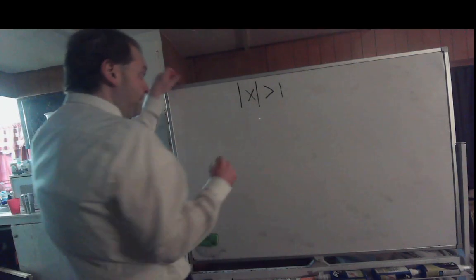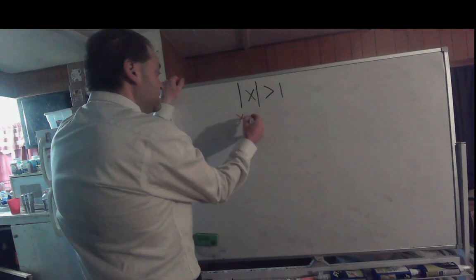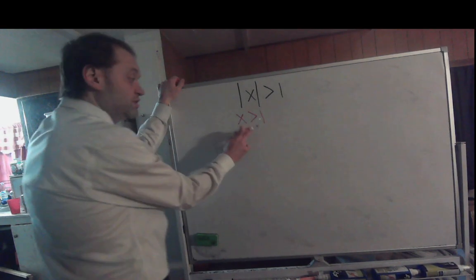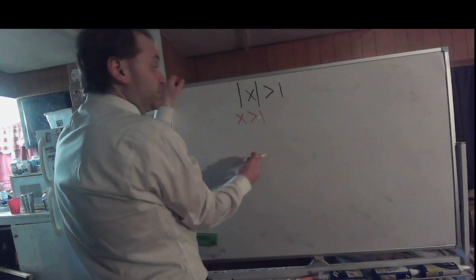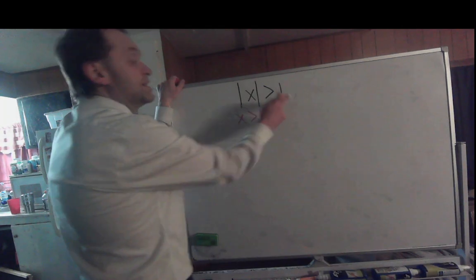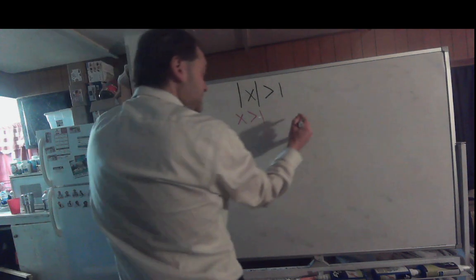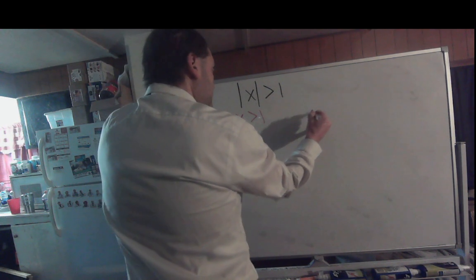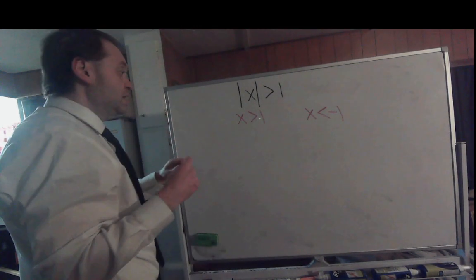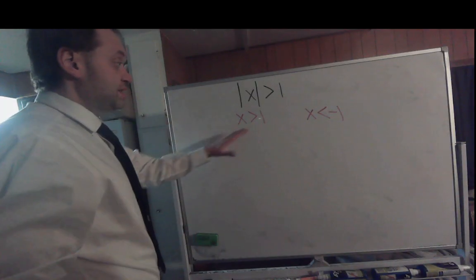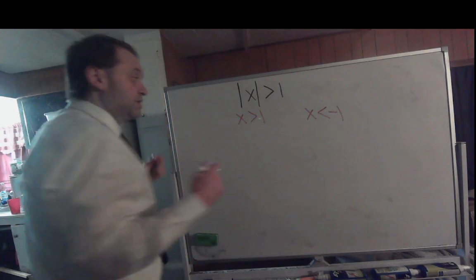So you would end up taking x is greater than 1 as one of your solutions. But then for your next solution, you're going to deal with x and -1, but when you go for the negative side of it, you're going to flip your sign. You would end up having x is less than -1. So you end up getting that x is greater than 1 or x is less than -1.